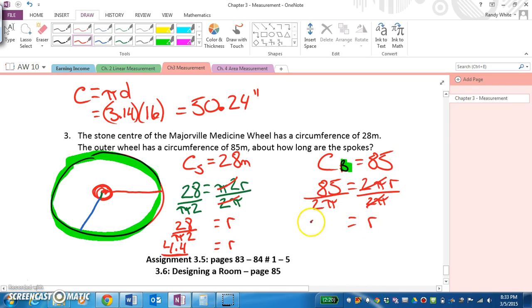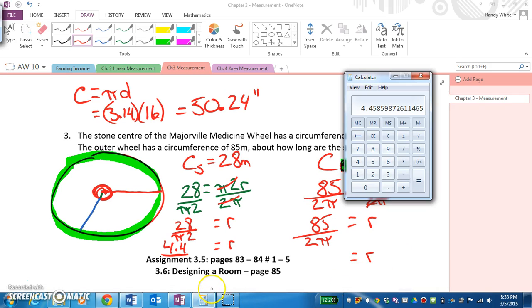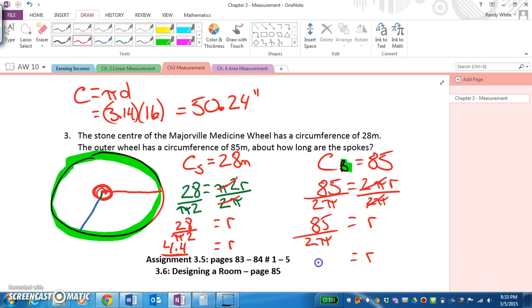So my radius will be 85 over 2 times pi. So the radius of the big circle is 85 divided by 6.28, because I know that 2 times 3.14 is 6.28. And we get, round it off again, 13.5.